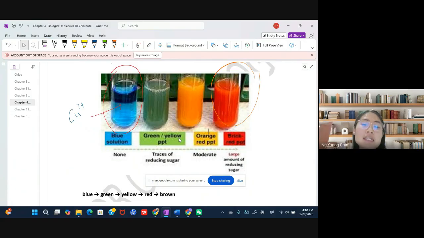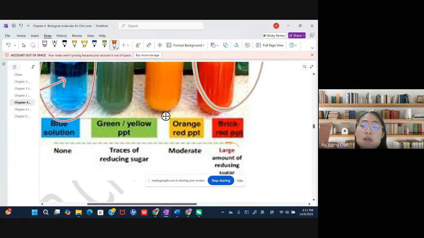If you have a trace amount of reducing sugar, it means you have a very, very low amount, and the color will change from blue to green. If you have a moderate amount of reducing sugar, the color will change from green to orange. But if you have a high amount of reducing sugar, it will change to brick red precipitate. So this brick red precipitate means there is a very large amount of reducing sugar.